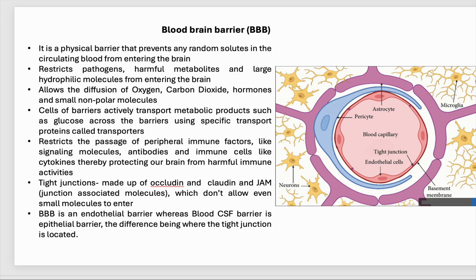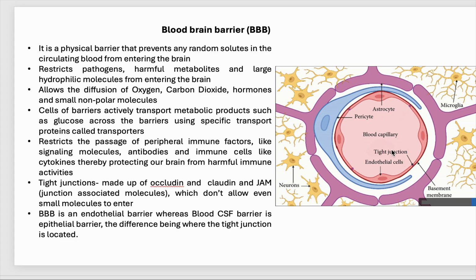It has a specialized barrier around the blood vessels in our brain. It is composed of astrocytes, you can see here, pericytes, and this blood capillary is lined by endothelial cells.